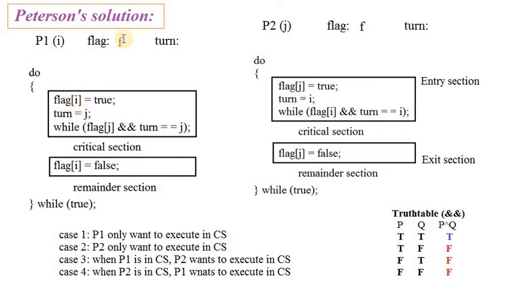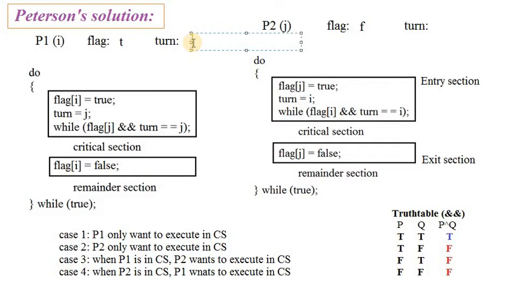Initially it was false, and now I'm setting it as true. That is T, so it has been set to true. That means program 1 is interested to enter the critical section. Then turn is equal to J, so let me initialize the turn value as J.